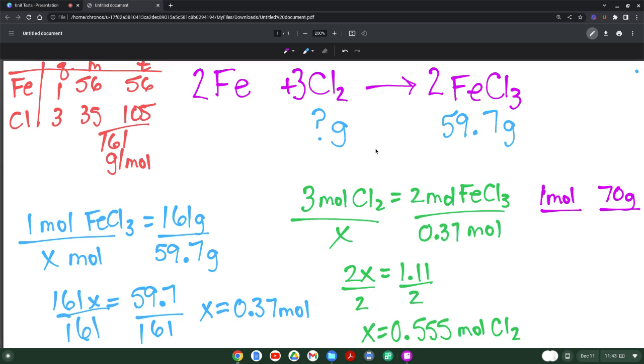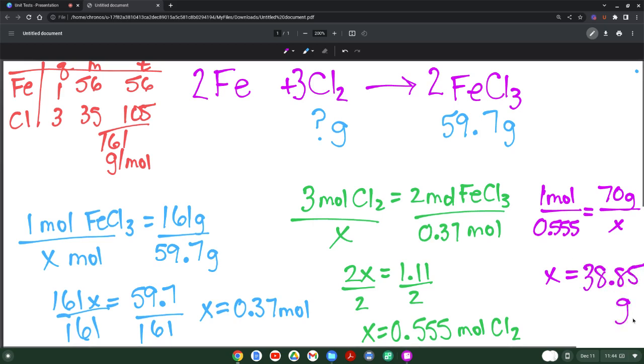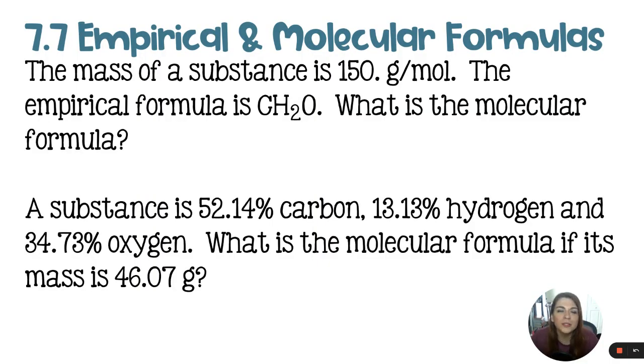So if you were to do a QMT chart, your quantity for the chlorine would be 2. 1 mole is equal to 70 grams, but how many grams is it if I'm working with 0.555 moles? 1x is just x, and that will be equal to the product of 0.555 times 70, and that comes out to 38.85 grams.